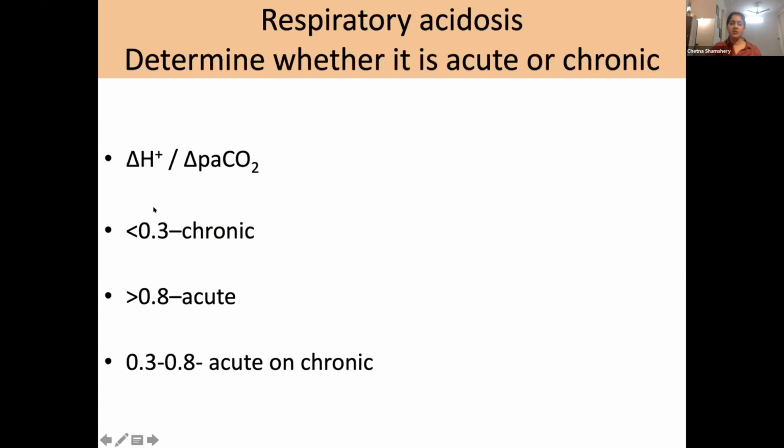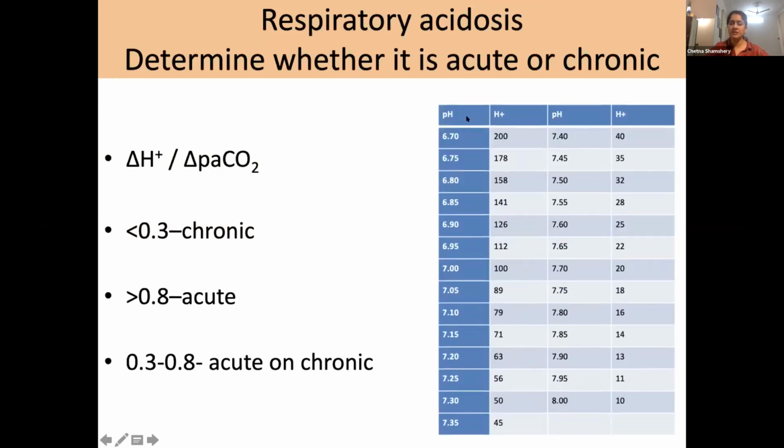For respiratory acidosis, we always need to determine the change of H ions relative to the change of PCO2. How do you know what the change of H ions is? There is this particular chart, which I have taken from Harrison, which shows the various values of H ions at various pH. So once you know the value of pH, we know the value of H ions.